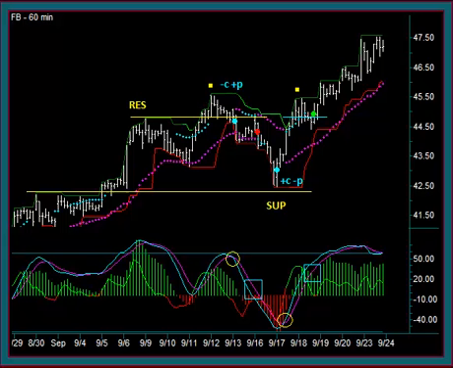Now, this reject is combined with MEX flow. And look at the blue box number 1. Those blue and purple lines are a momentum indicator that we call MEX. What MEX flow means is on the retrace up or back to resistance, you can see that the MEX indicator is still flowing down.